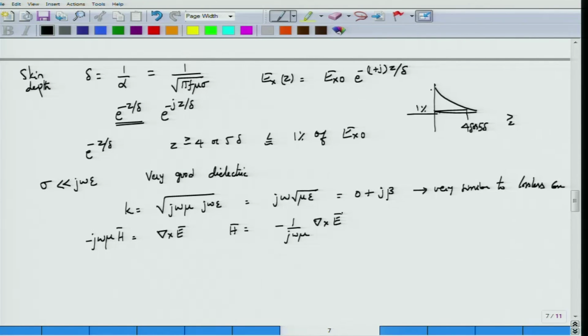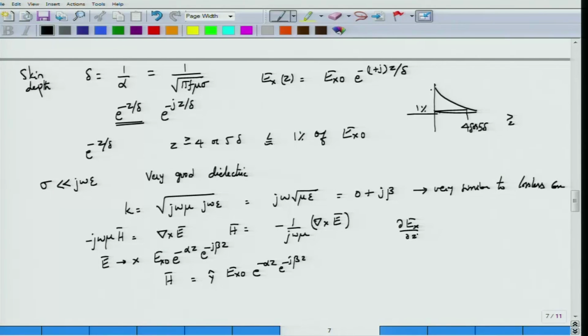If I assume that electric field E is along x, and it is going as e power minus alpha z e power minus j beta z with some initial amplitude of Ex0, then H will have only y component, and this will be given by y hat, and then you have Ex0 e power minus alpha z e power minus j beta z, but this curl of E, the y component is nothing but del Ex by del z.